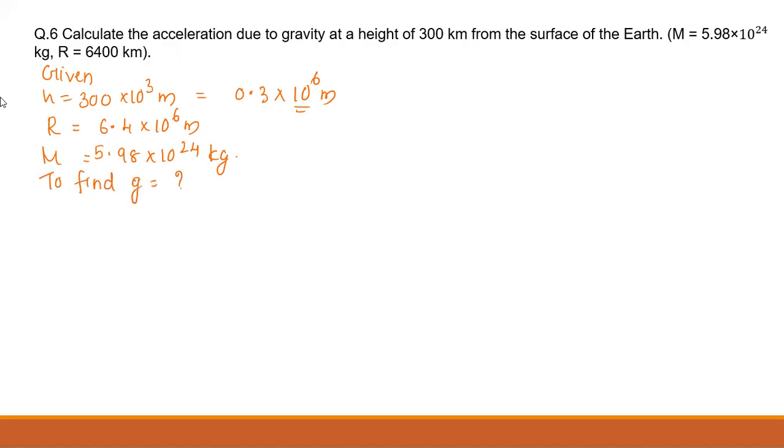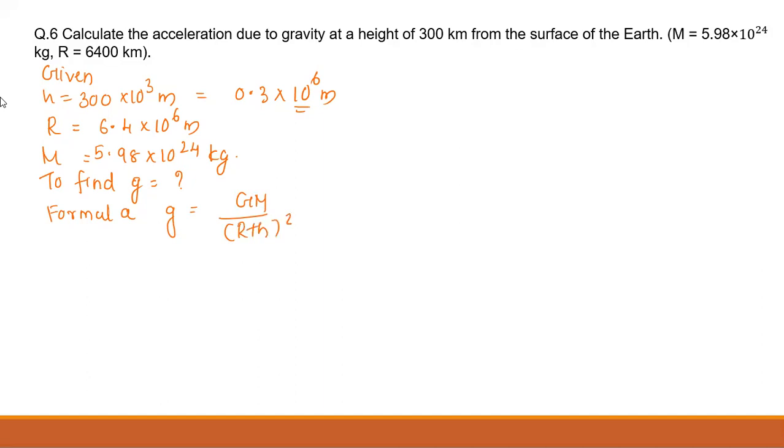Okay, we know that the formula for acceleration due to gravity at a height h from the surface of the earth is given by g is equal to GM upon (r plus h) the whole square.